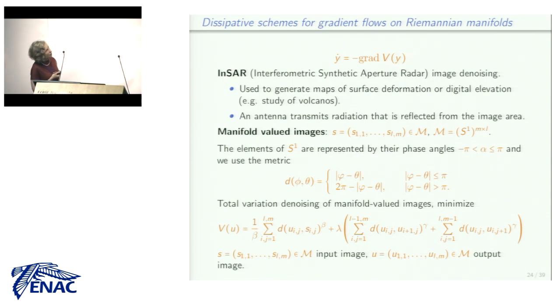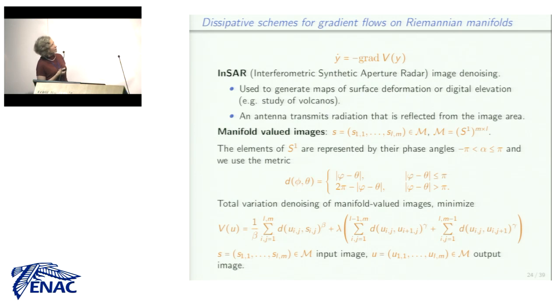And in particular, you record this information in terms of angles. And so what you can do with it is to detect surface deformations on the ground, for example. Or you can study problems of earth science like the profile of volcanoes, and I will have a picture about that.